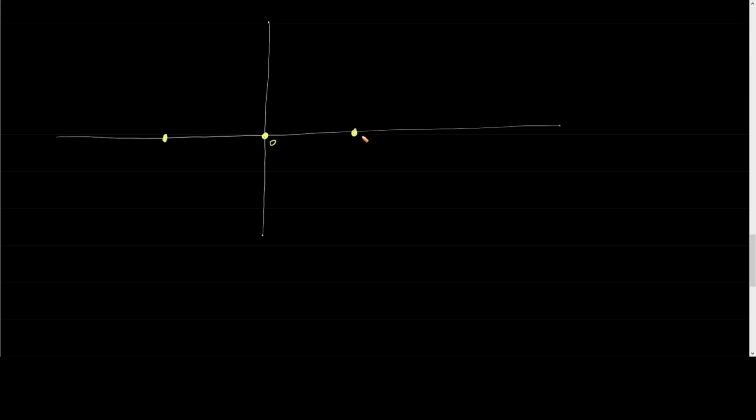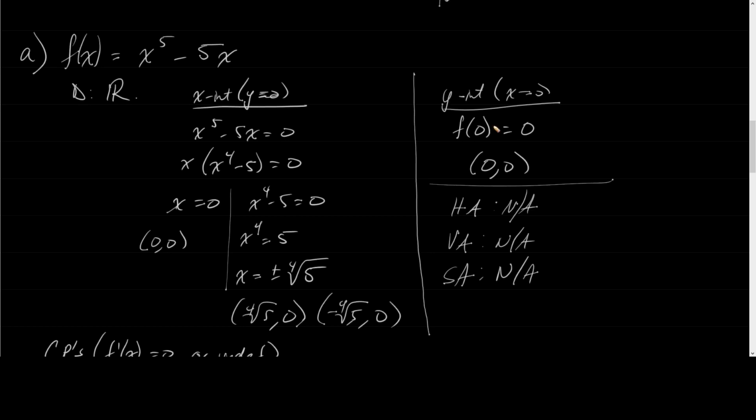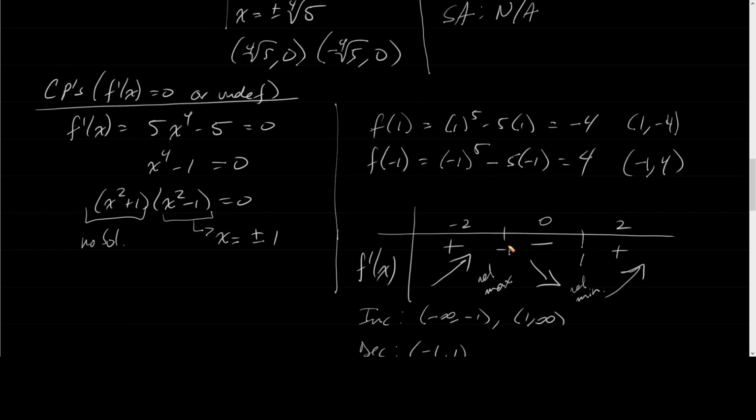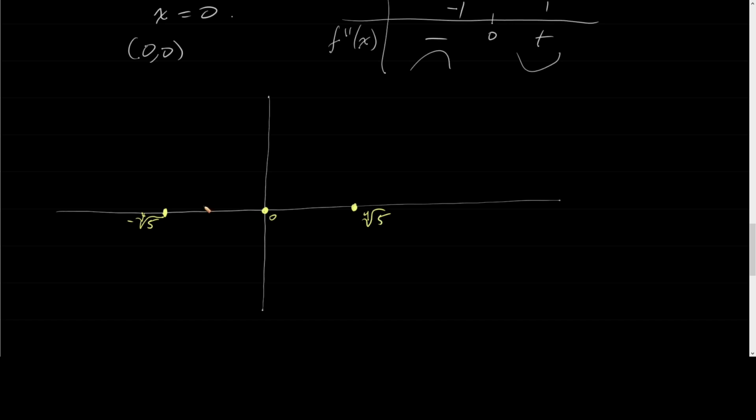So this is going to be the 4th root of 5, and this is negative 4th root of 5. So those are our intercepts. What else do we know? We know the y-intercept, already got that. Asymptotes, none. Critical points, we have them at (1, -4) and (-1, 4). Okay, so let's say that 1 is around here, and negative 1 is around here.